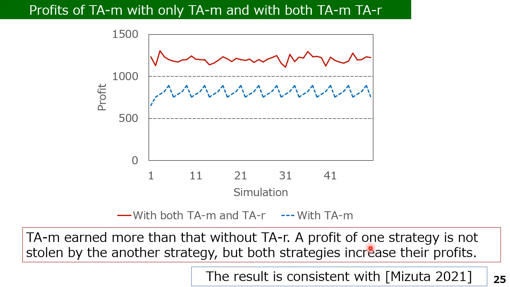So the profit of one strategy is not stolen by the other strategy, but both strategies increase their profits. This result is consistent with my previous study in 2021.